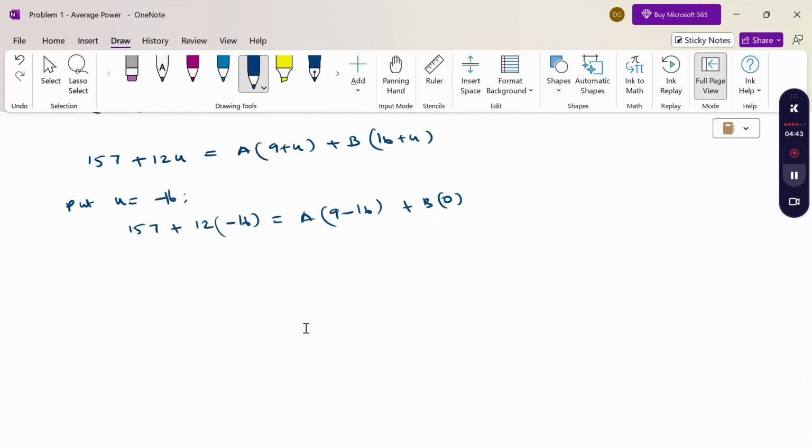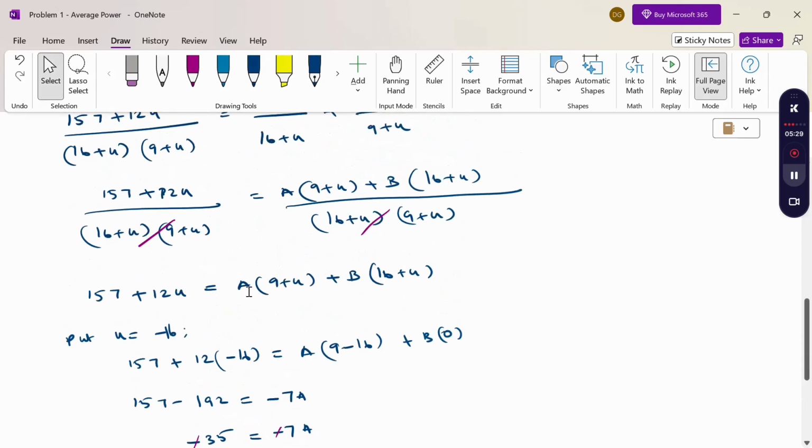Now 157 minus 192, 12 into 16 is 192, equal to minus 7A. Subtracting, minus 35 equal to minus 7A, so A equal to 35 by 7, A equal to 5.